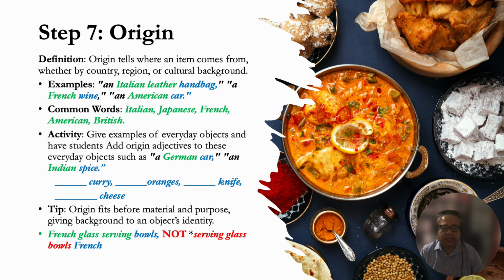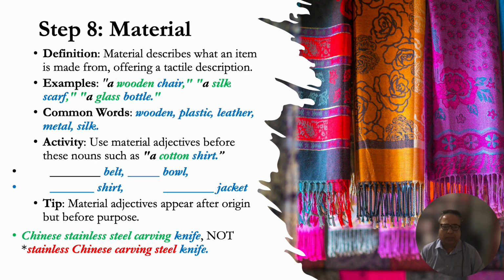Before we move on to the next adjective, remember that origin comes before material and purpose. So we have two more adjectives to go. French glass serving bowls, not serving glass bowls, French. Correct? So remember the order though. Origin comes before material and purpose. So material is next.